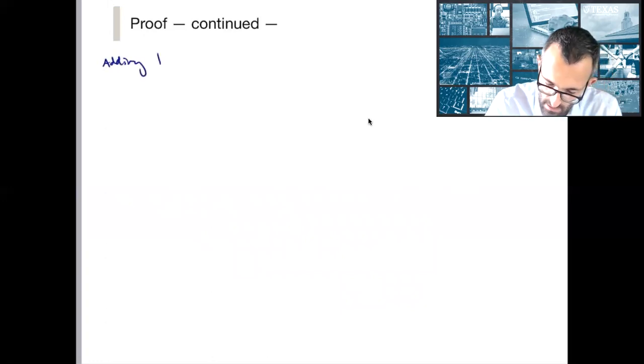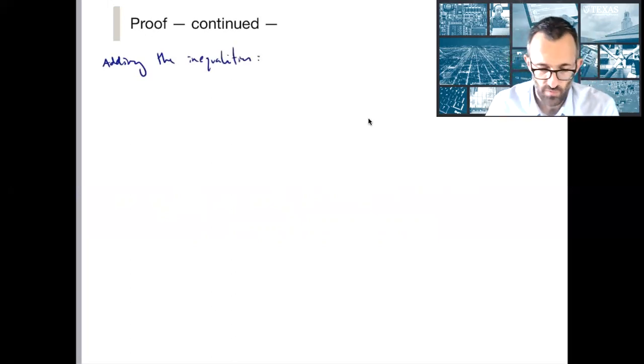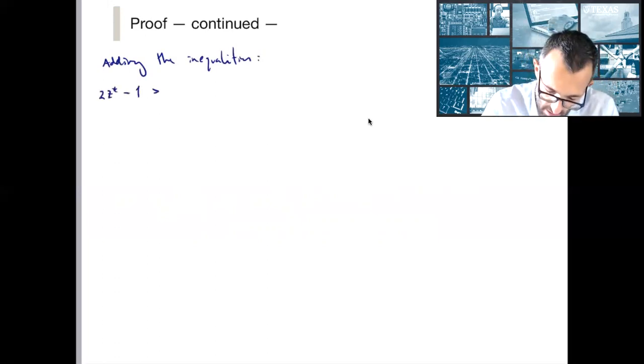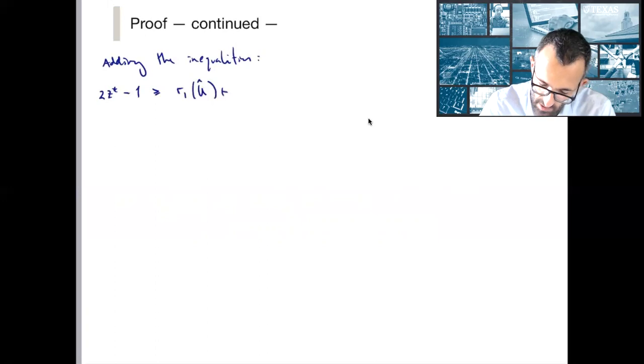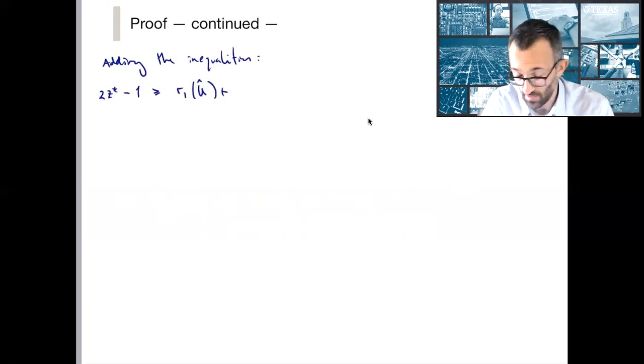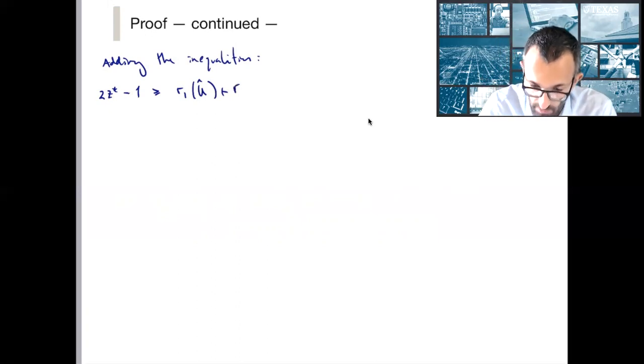Adding the inequalities, we've got 2 Z star minus 1 is greater than or equal to R1 of U hat. I'm going to use just R1 and R2 instead of RM1 and RM2, now that I don't have to contract and delete E, I think the notation is clear.